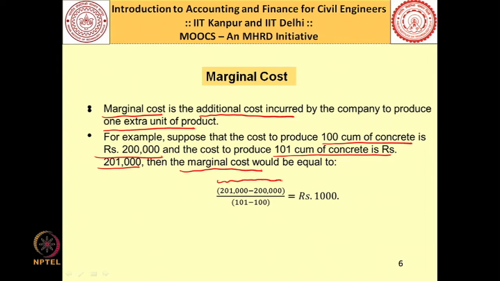This is the extra that we are incurring for producing from 100 to 101. If right now you are producing 100 units, your cost is 200,000 and if you are producing 101 cubic meter, your cost is coming to be 201,000. So, what you find? The marginal cost here is 1,000 rupees. So, marginal cost is that extra cost that you incur in order to produce one more unit.